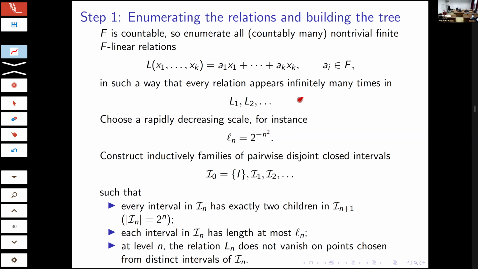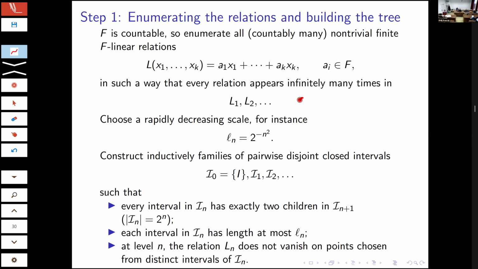That's an important point. And we choose a rapidly decreasing scale, let's say 2 to the minus n squared. And now we construct a family inductively. The first one is the interval itself. Then in each step, we split every interval into 2 parts, and we shrink them so that this condition is true for each of the intervals.